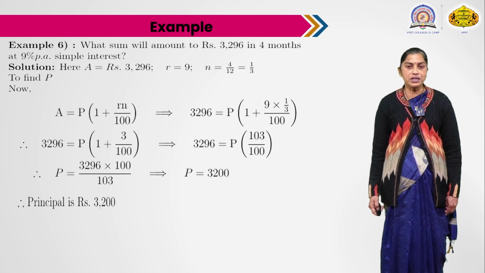We want to find P, so cross multiplying we get 3,296 into 100 upon 103, and after simplification we get P is equal to 3,200, and therefore the principal is 3,200 rupees.